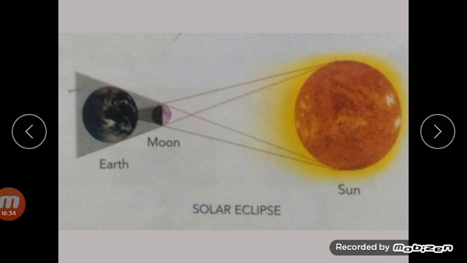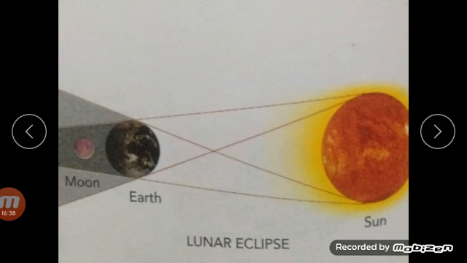Remember, children, in a solar eclipse the moon is between the earth and the sun. Now, lunar eclipse. Here you can see that the earth is between the sun and the moon. When the earth comes in between the sun and the moon, it blocks sunlight from reaching the moon's surface.